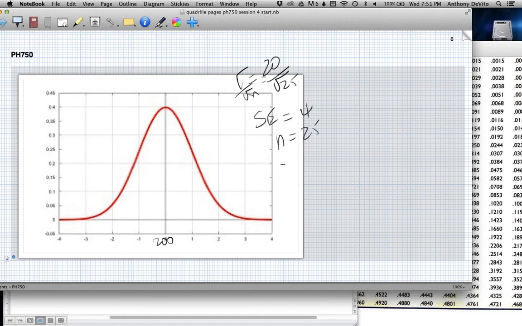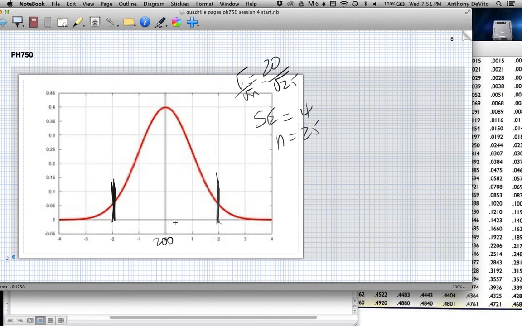So if we knew that the mean for the population was 200, and the standard deviation of the population was 20, and I took a sample of size 25 from that population, I could be 95% certain that the sample mean is going to fall within 2 standard errors below the mean and 2 standard errors above the mean.